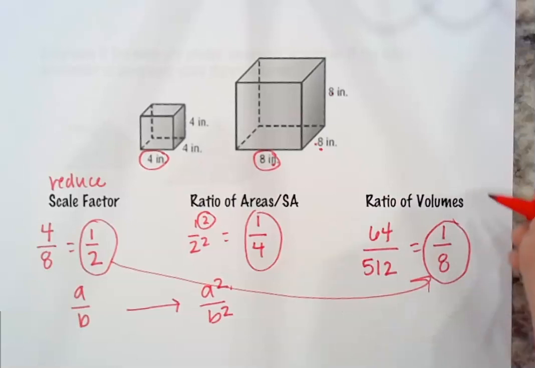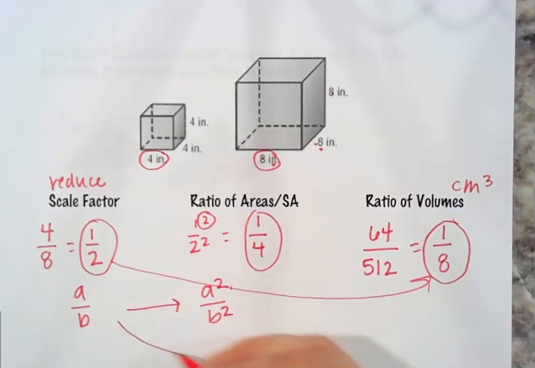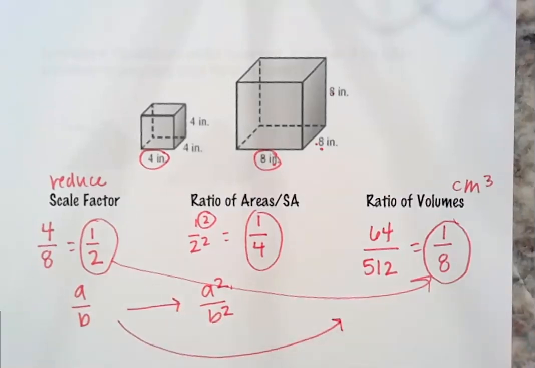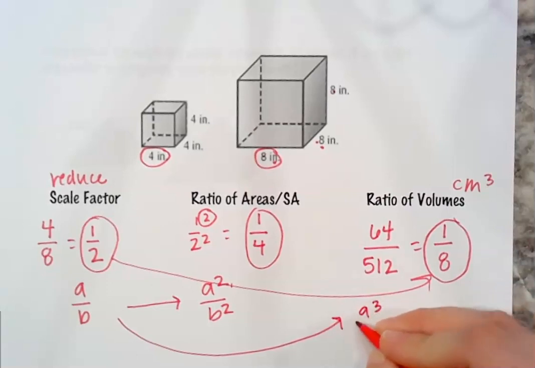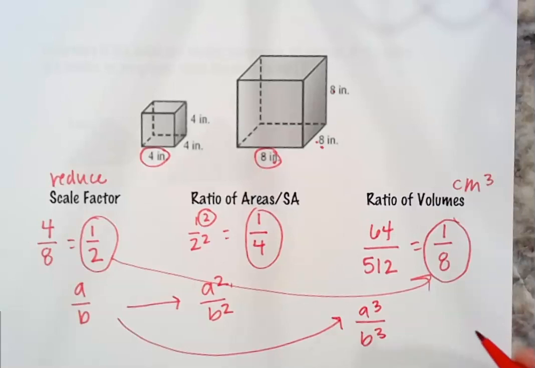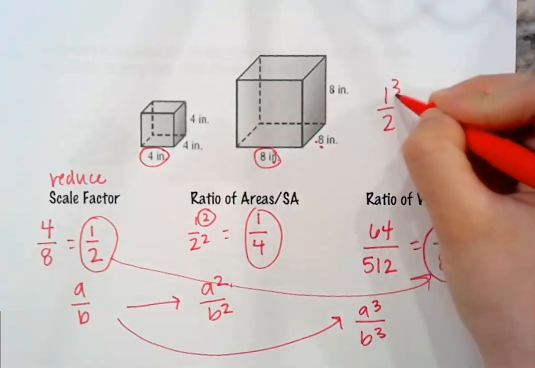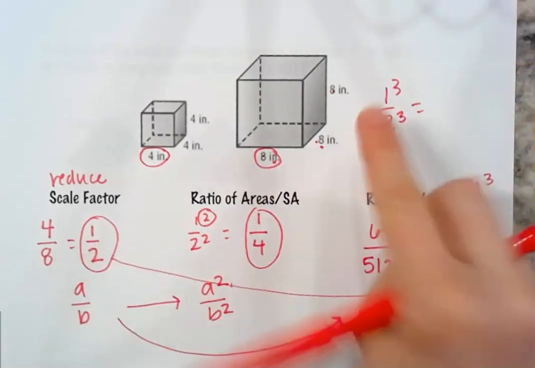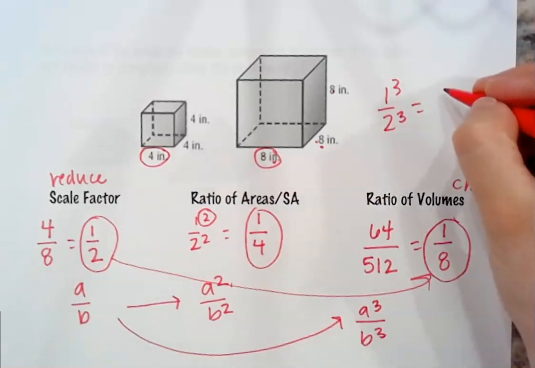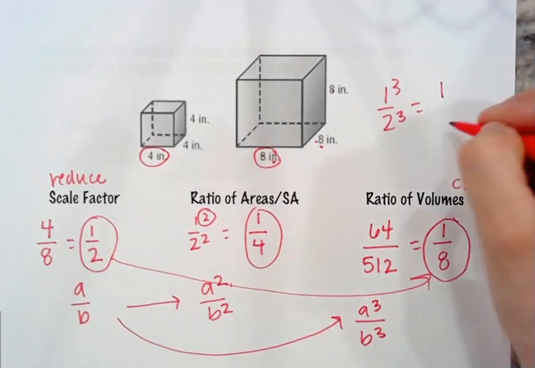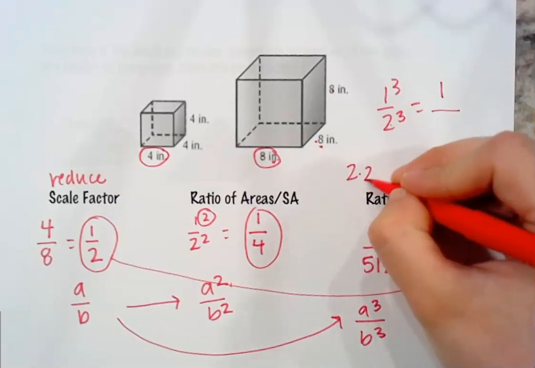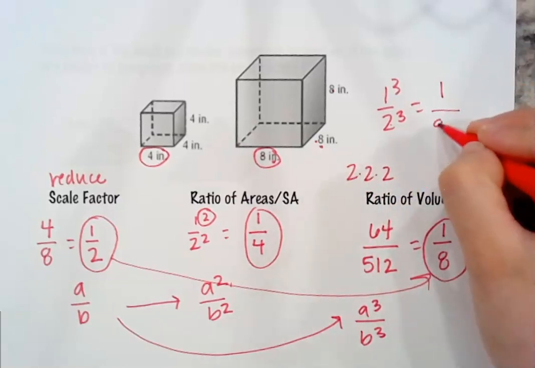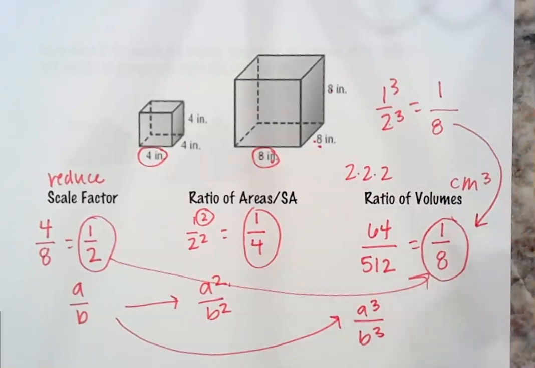It's centimeters or inches cubed. So if I cube my A over B, I'm going to get the ratio of our volumes, so A cubed to B cubed. A way we can check that is right here: 1 cubed, 1 times 1 times 1, is just 1. And 2 cubed, 2 times 2 times 2, does indeed give me 1/8.